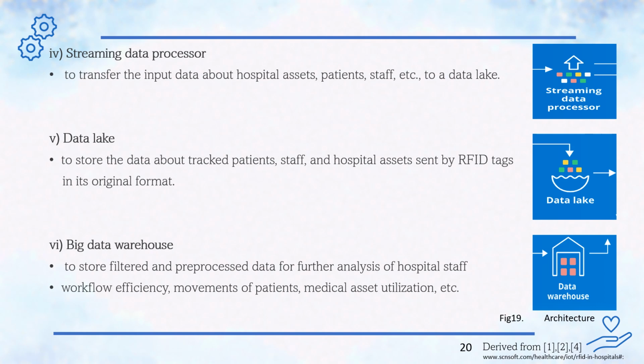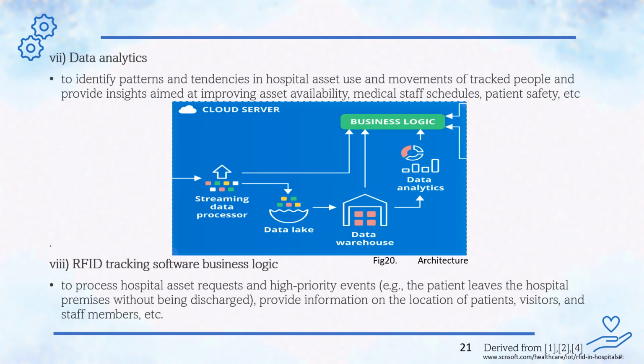It also works for workflow efficiency in the movement of patients, medical asset utilization, etc. The data analytics identify patterns and tendencies in hospital asset use and movements of tracked people and provide insight aimed at improving asset availability. So, analytics basically analyzes the data that is fed to the cloud server through various tags and readers that are attached all around the hospital.